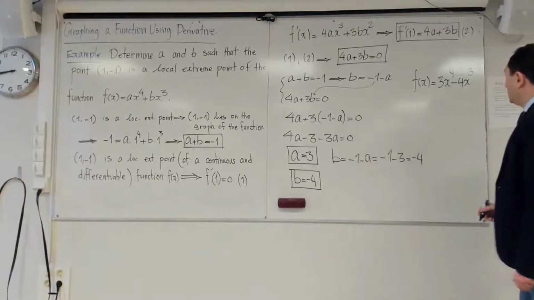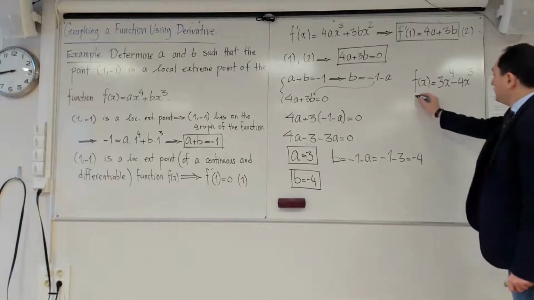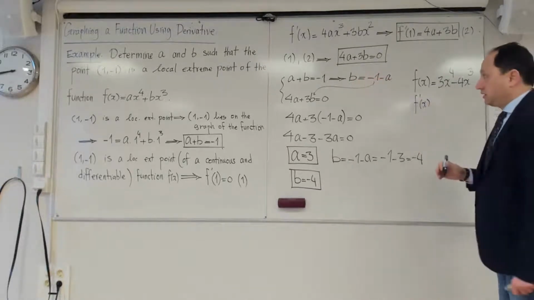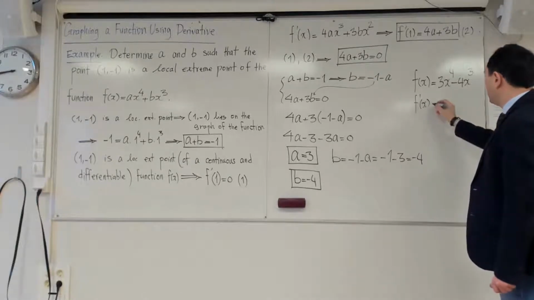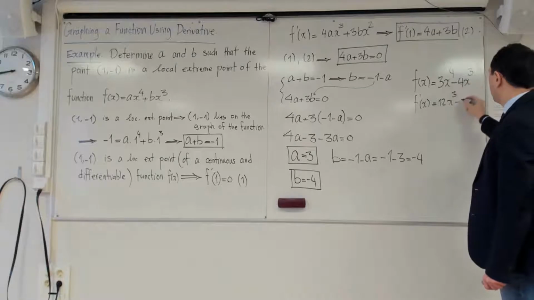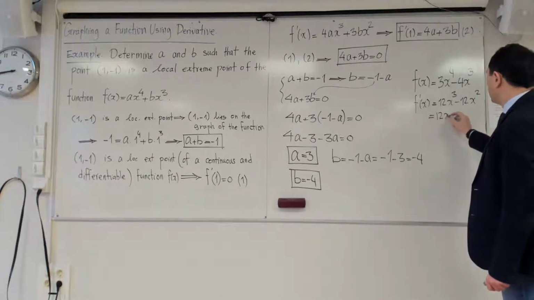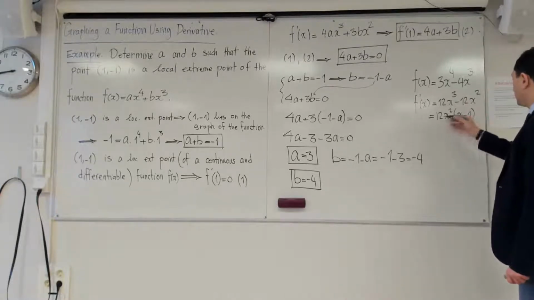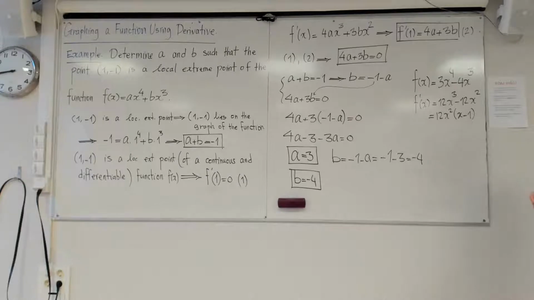Yes? So what you need to do if you want to determine the nature, so we can also add that part to the question, even though it is not there yet. Then the derivative becomes 12x to the 3 minus 12x to the 2. And if I factor 12x squared out, then what I get is x minus 1. So that would be the derivative of my function.